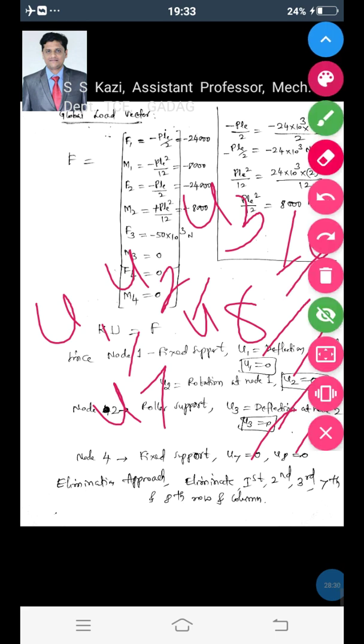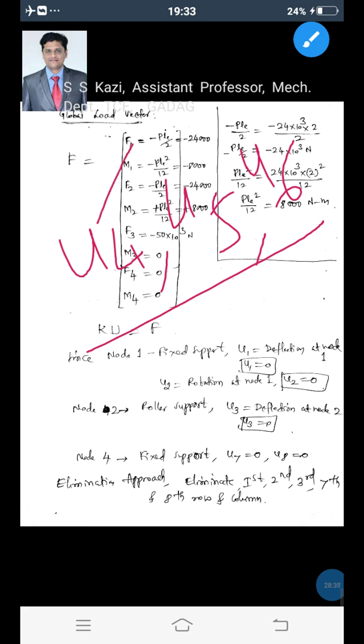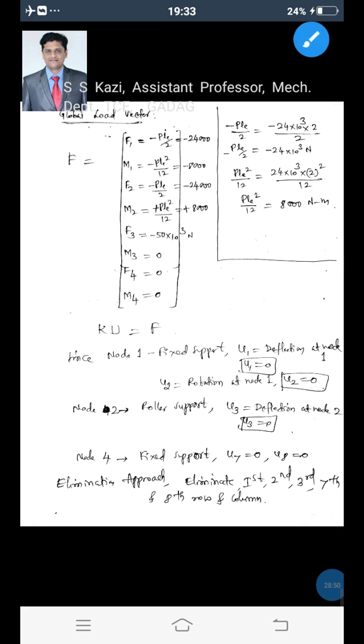Okay, and the remaining terms are only U4, U5 and U6 to be calculated, where U4 is the rotation or slope at node 2, U5 is the deflection at node 3 and U6 is the rotation at node 3. These 3 unknowns we need to calculate.